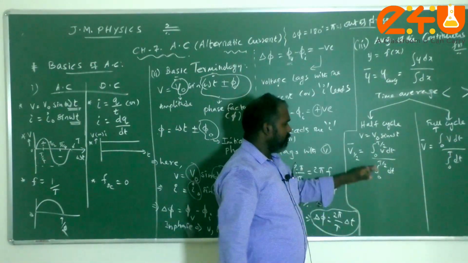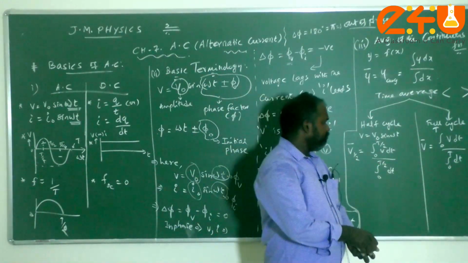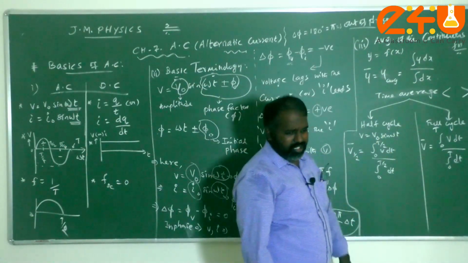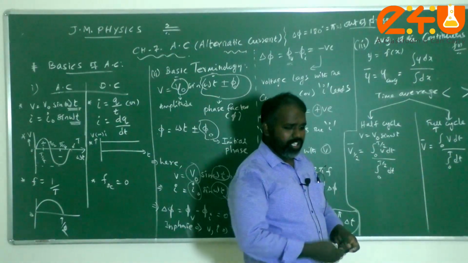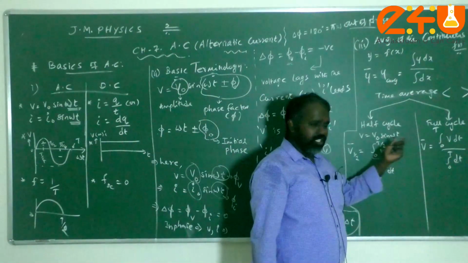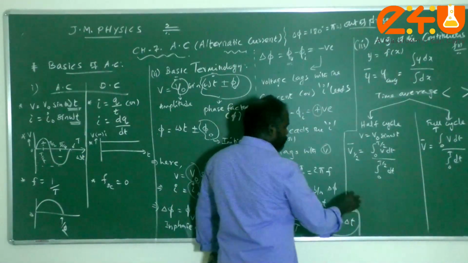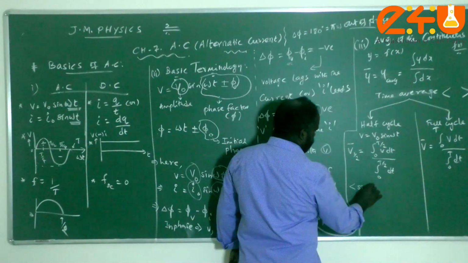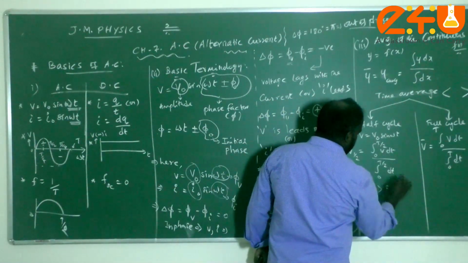Please note down, this is the very basic thing used in the AC lesson. Not only AC, any function varying continuously with respect to time we can write like this: half cycle average, full cycle average. For example, the half cycle average of the sine function is 2 by pi.